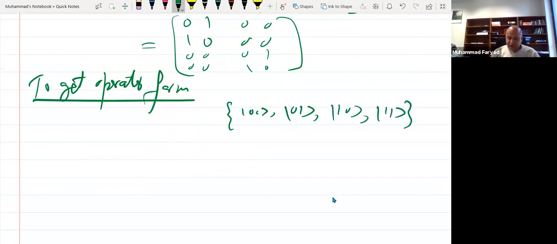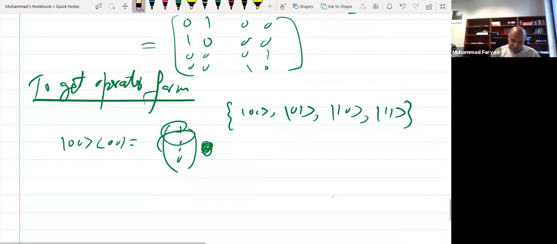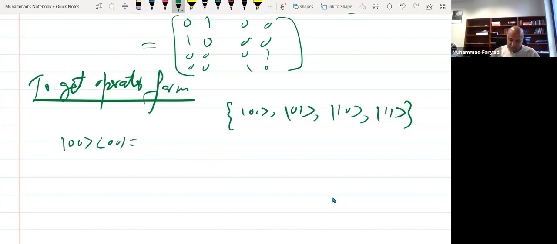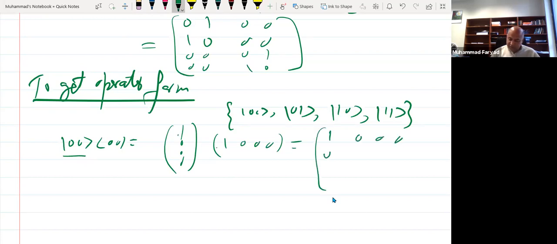So I will have to work out these outer products, like |00><00|, which is 1, 0, 0, 0. Sorry, not tensor, but the outer product. So this |00> is 1, 0, 0, 0, and <00| is 1, 0, 0, 0. So this becomes 1 times 1 is 1, and all others are 0.